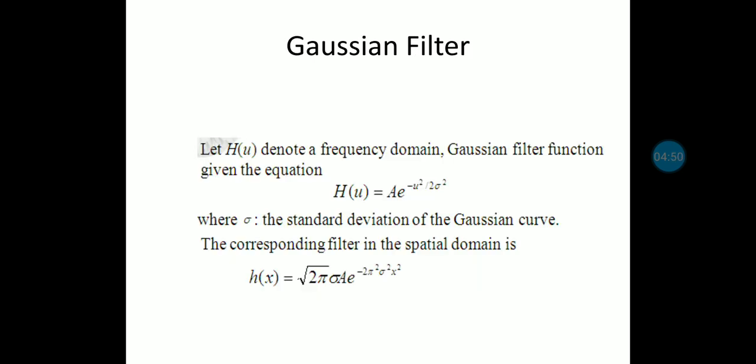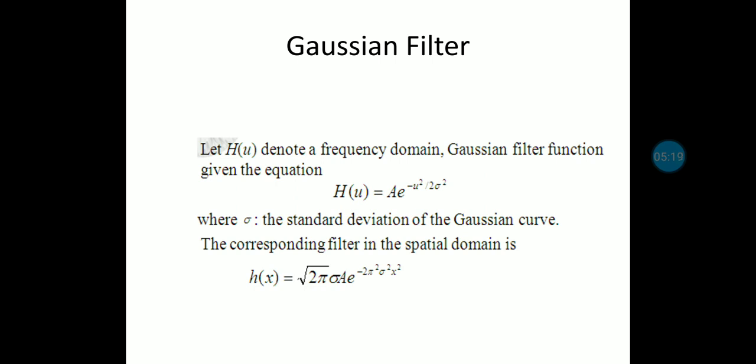One more filter that we have studied was the Gaussian filter, isn't it? So the transfer function of the Gaussian filter is represented by h of u in the frequency domain. The Gaussian filter function is given by h of u equal to a into e raised to minus u square divided by 2 sigma square.